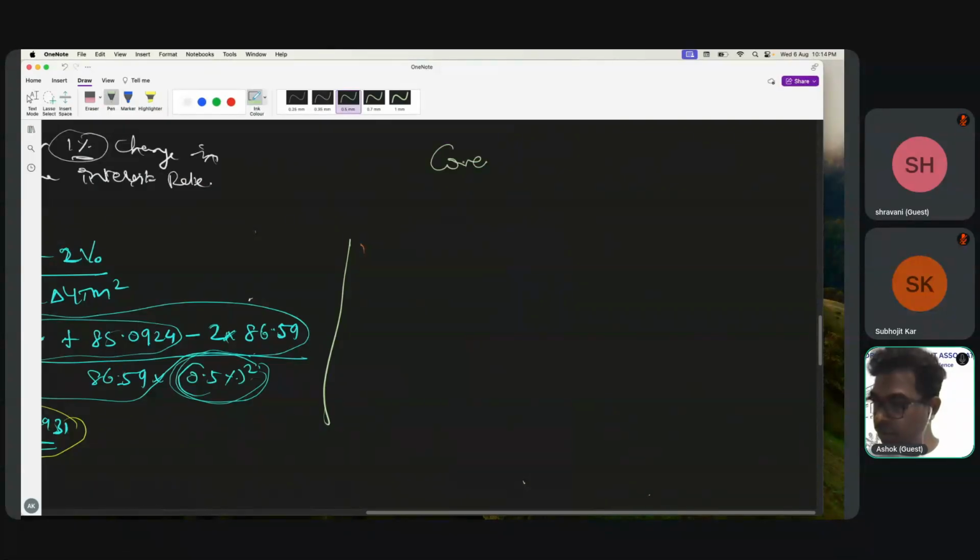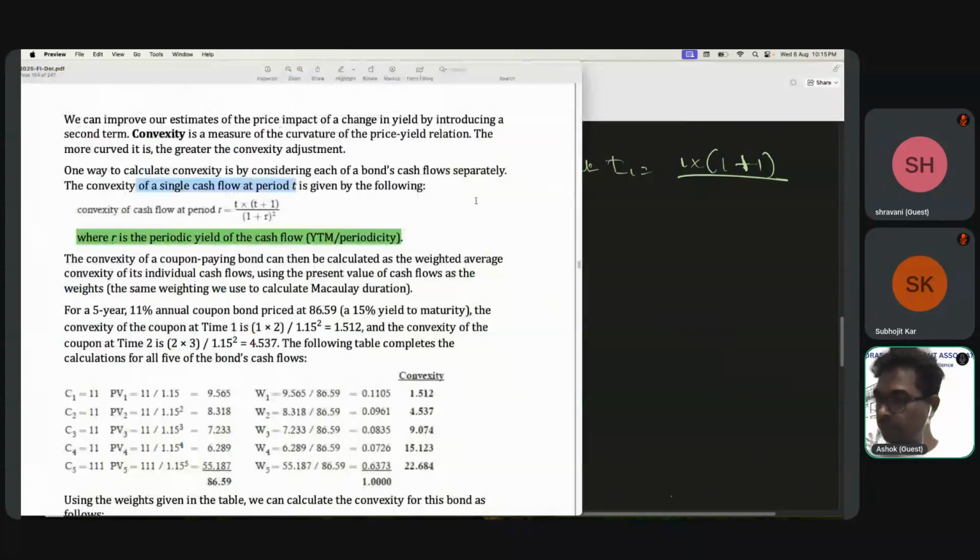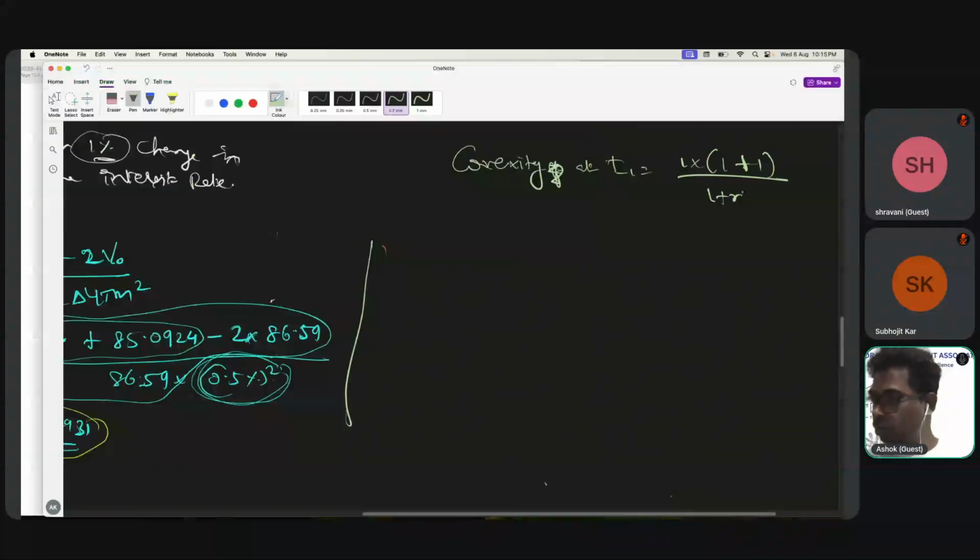Okay, so convexity at time 1 is equal to t into t plus 1, divided by 1 plus r, where r is the YTM, squared.